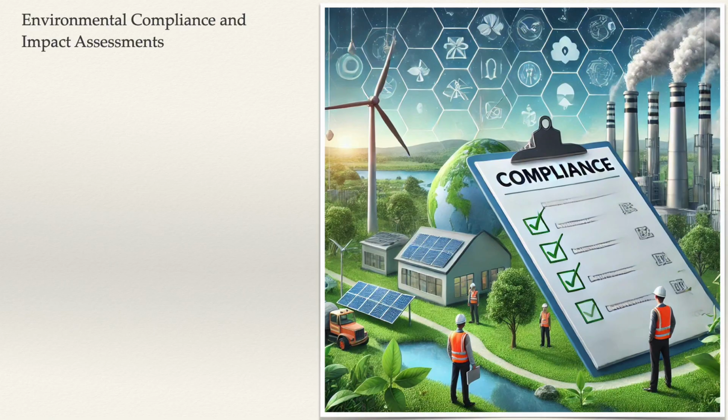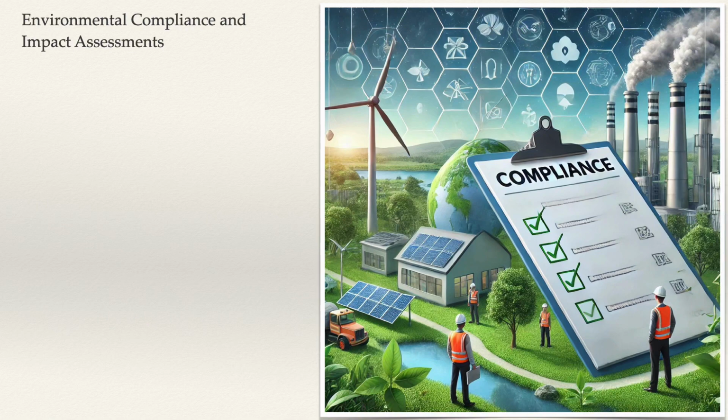Baseline studies. The consultant engineer, CE, or client-controlled agencies conduct baseline studies to assess the existing environmental conditions in the project area. These studies include evaluating factors such as soil quality, vegetation types, and wildlife habitats. B. Impact analysis.